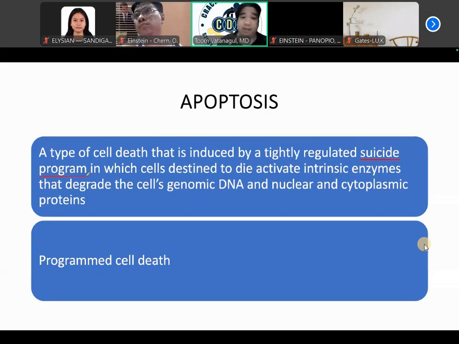What does that mean? Okay, there are cells that are destined to die. And always remember that these cells which are destined to die, they will activate certain groups of intrinsic enzymes that will degrade the cell's genomic DNA, as well as the nuclear proteins.